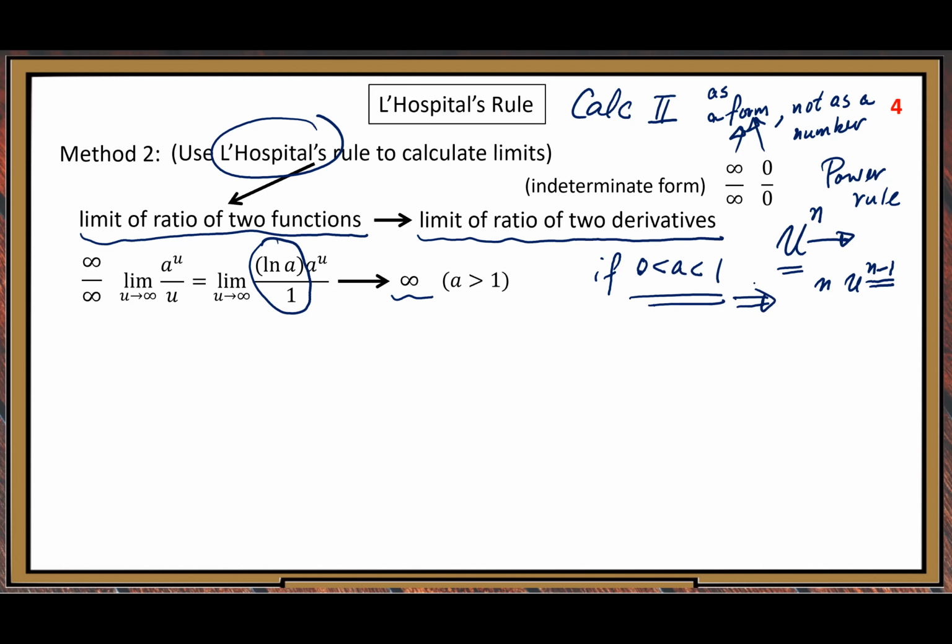So we will not get that infinity answer. The range for a is also important: a strictly greater than 1. Even 1 is not good. We have to exclude that case.